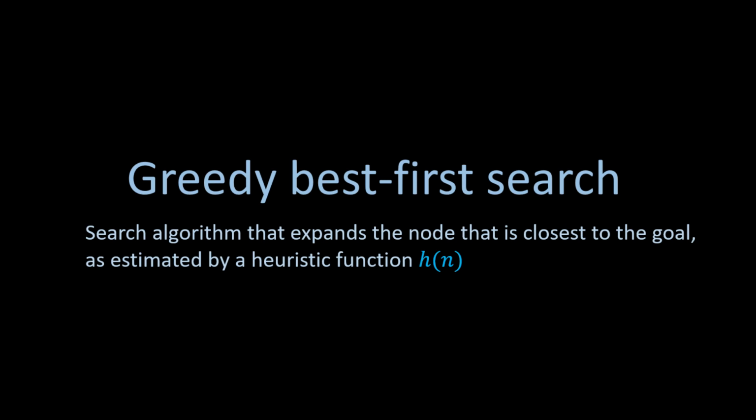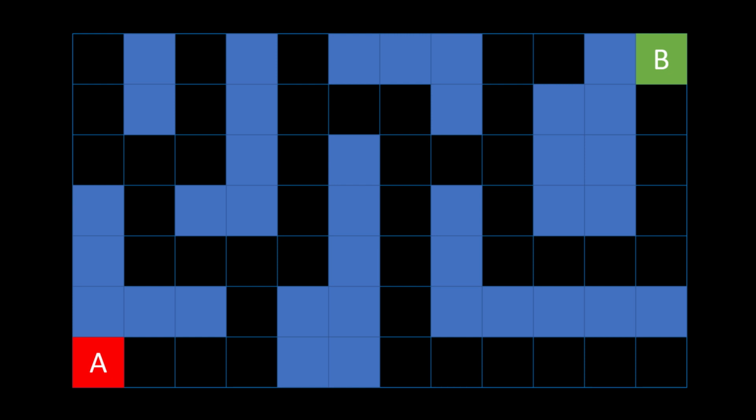Now, to understand what greedy best first search does, we need to understand what the heuristic function is. Well, imagine again our simple puzzle here. Now imagine in this puzzle two points, let's say C and D. For us humans, it's obvious that C is much farther from point B than D. So D is the closest point.